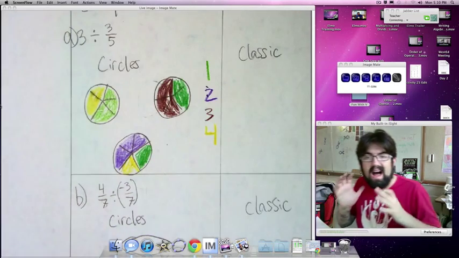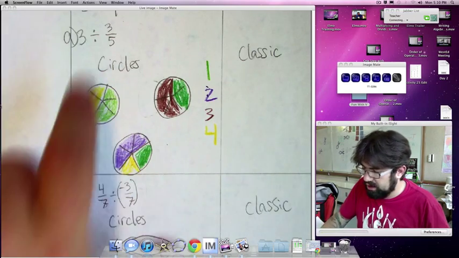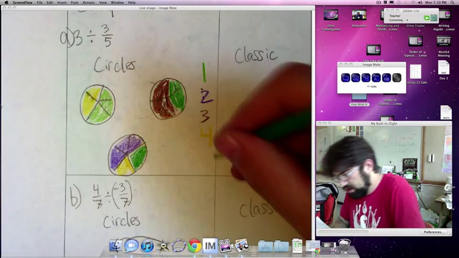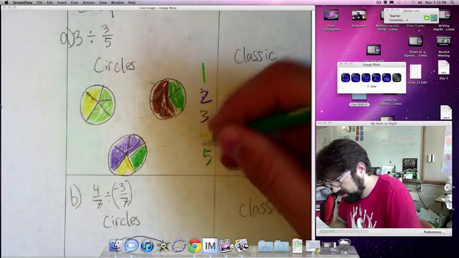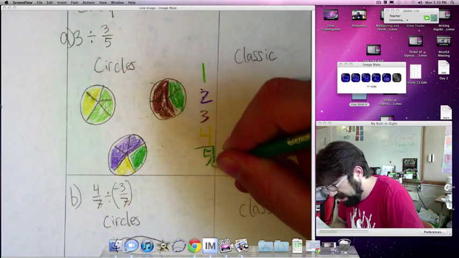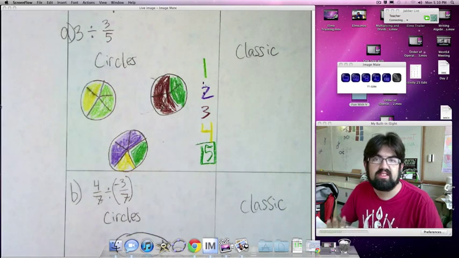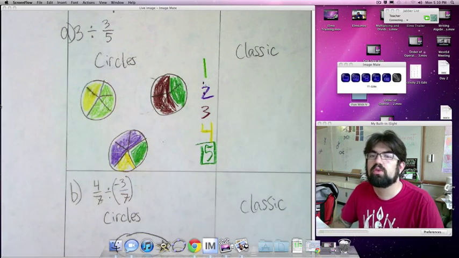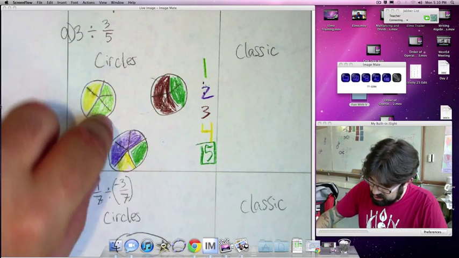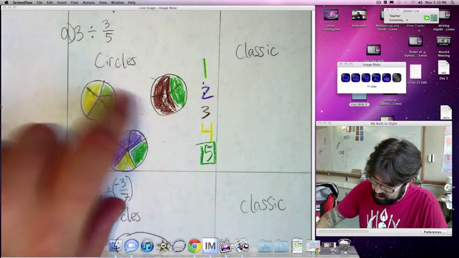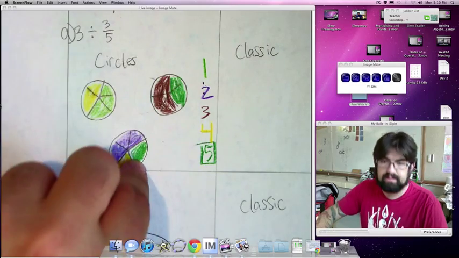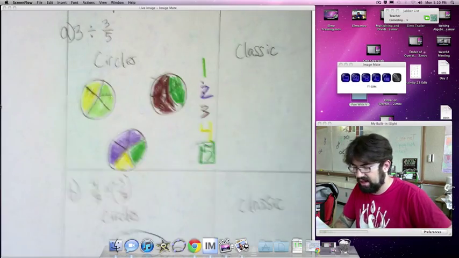So I've got 5 groups of 3/5. So my answer in this first way is 5. So that's what it means by taking 3 and asking how many groups of 3/5 you get. 1, 2, 3, 4, 5. The answer is 5.